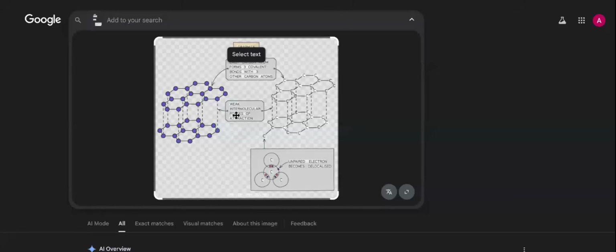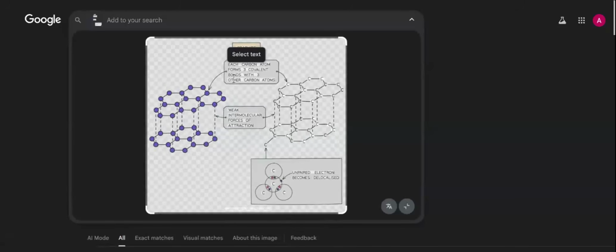I can. Okay, so here we have the structure of graphite, right? In graphite, each carbon atom forms three covalent bonds with three other carbon atoms. So we can see there's three atoms bonded together here, and then another three, and they form bonds with each other, right?